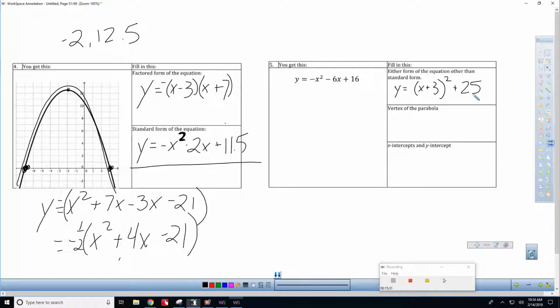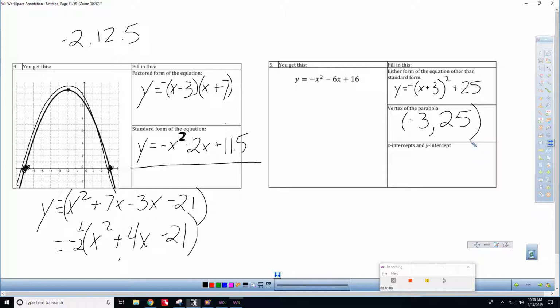But now how can we get... So this has got to be a negative here because it's upside down. Interesting. All right, I buy that. So what's the vertex? -3, 25.